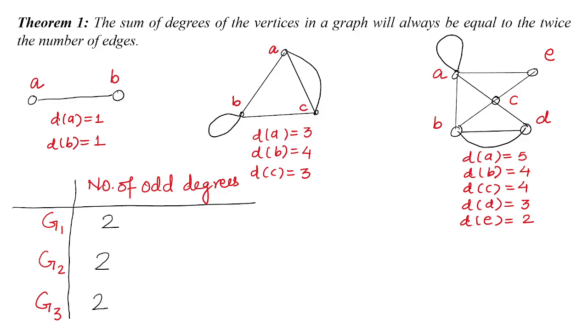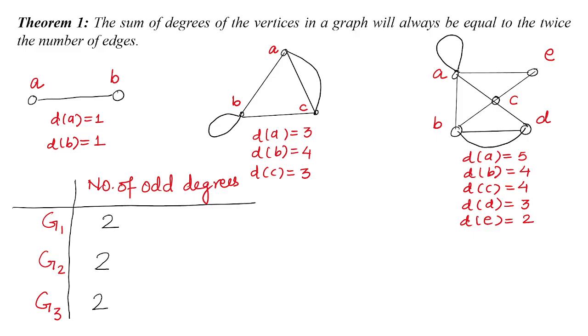So if I have a graph, then the number of vertices having odd degree will always come out to be even. It can be 2, 4, or 6.